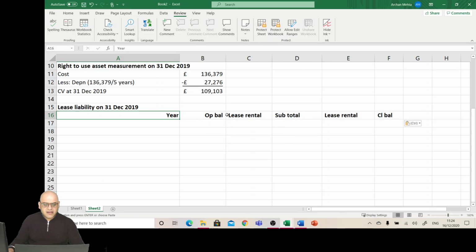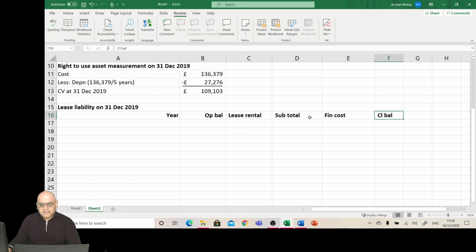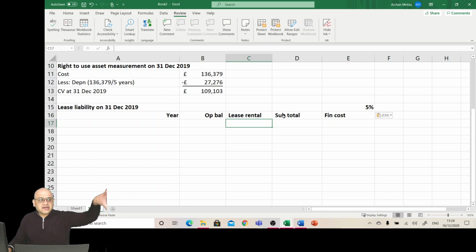We have the opening balance, and instead of the finance cost, we have a lease rental. Finance cost is added after you have worked out the subtotal. That will give you the closing balance. So what is happening is, when we start with our opening balance of lease liability, because we are making payments in advance, immediately we enter into the lease agreement we make a payment of 30,000.